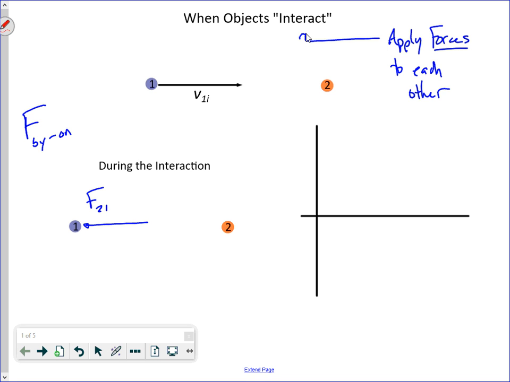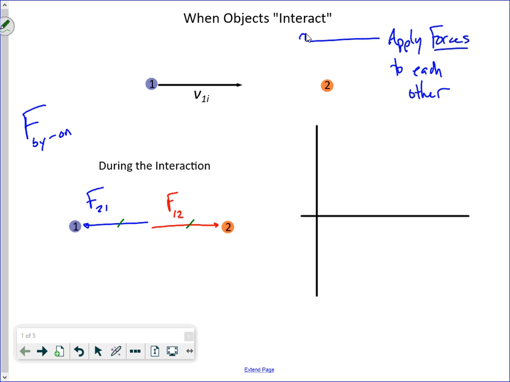And there's a force by 1 on 2. Well, what do you know about those forces? These are two objects exerting forces on each other. And what we know by now, I hope, is that these two forces are partners in a force pair. Those two forces are equal and opposite. All right? They're the same kind of force.